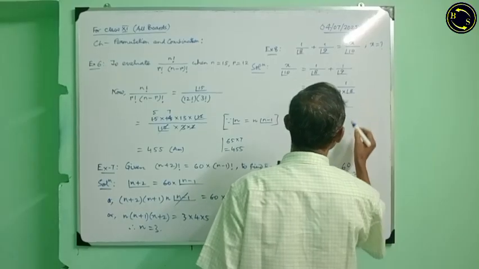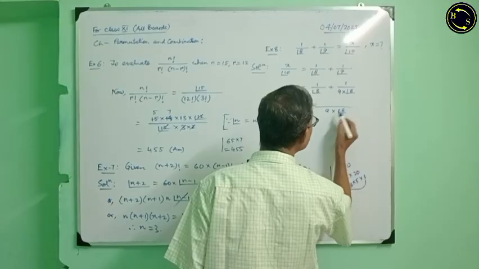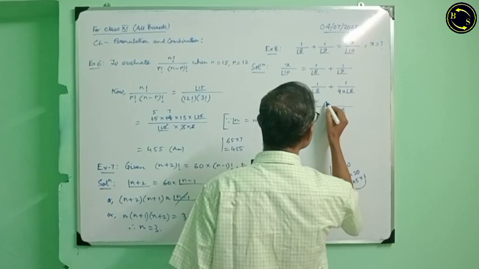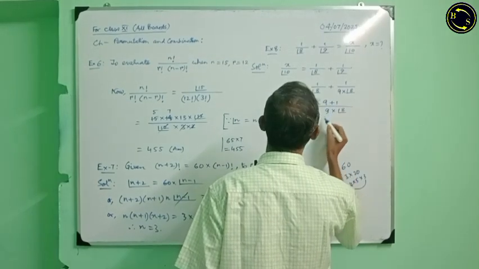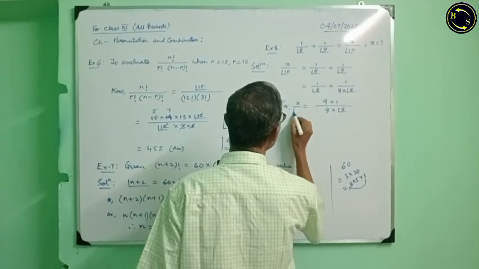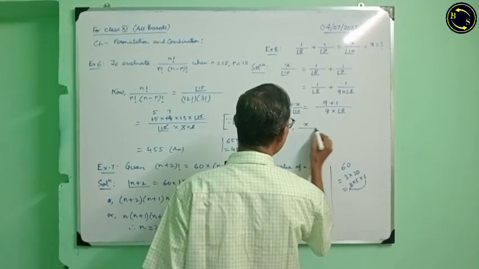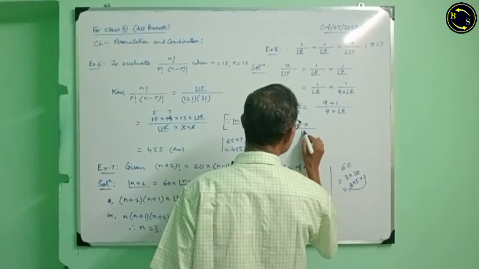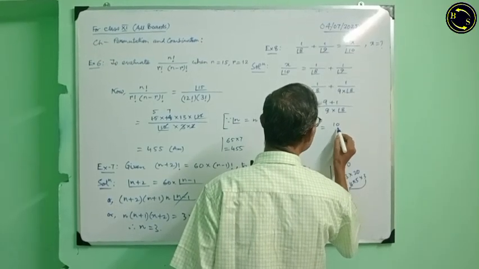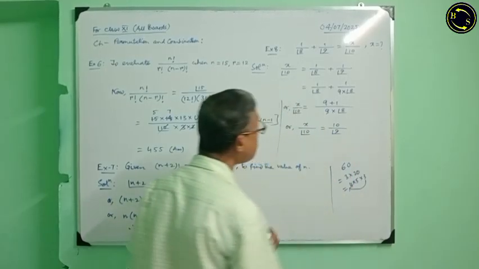Therefore, LCM will be 9 into factorial 8, 9 plus 1, or x by factorial 10 is equal to 10 by factorial 9.